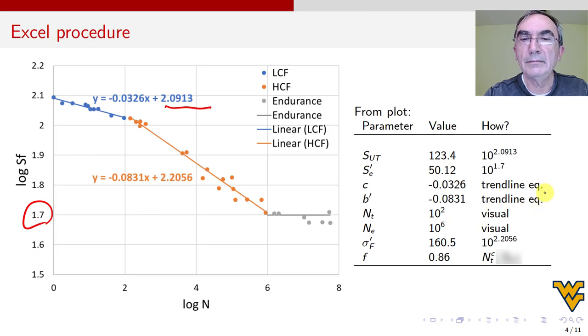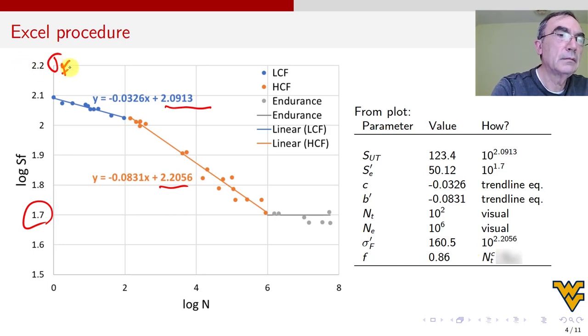And then Nt is visual, 10 to the 2, well, maybe it's 200 instead of 100. And then your choice, here it's hard to say. Then 10 to the 6 is right here. Then sigma f prime is 2.2056, 10 to that gives you 160, which is right here.